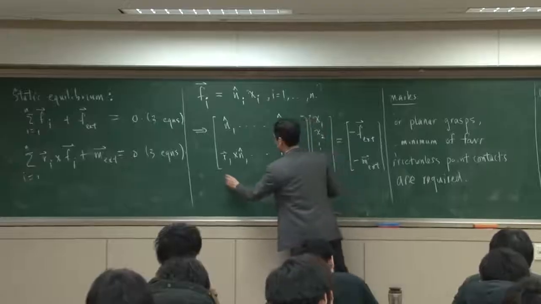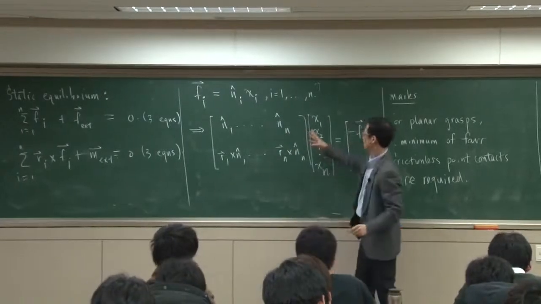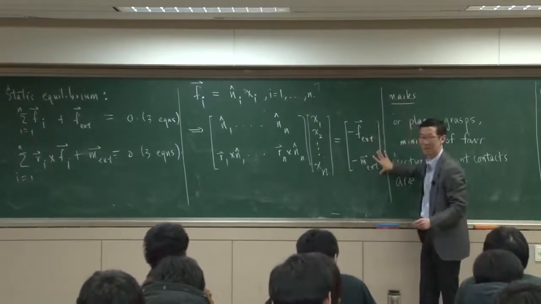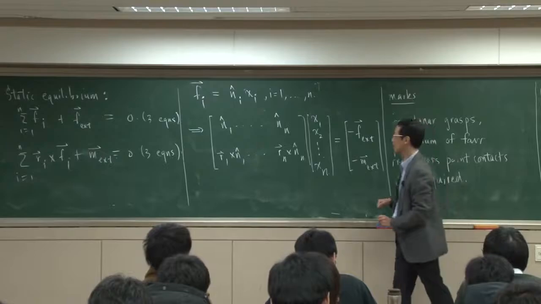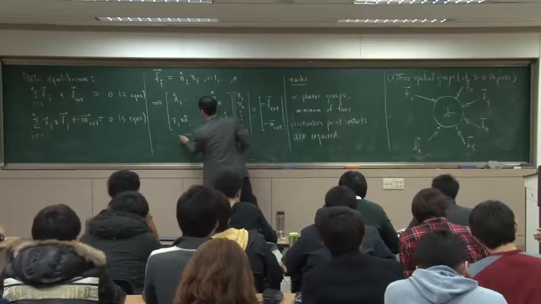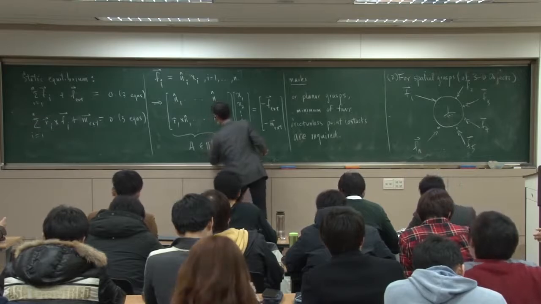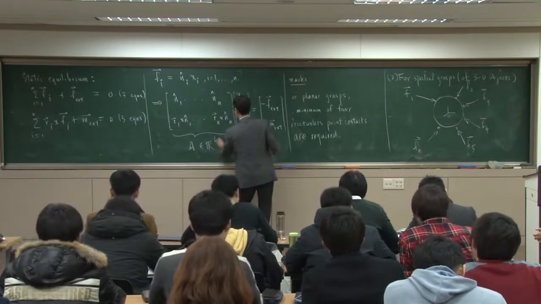We have 6 equations: 3-dimensional force plus 3-dimensional moment, 3 plus 3, 6. So our matrix A in this case is 6 by n.